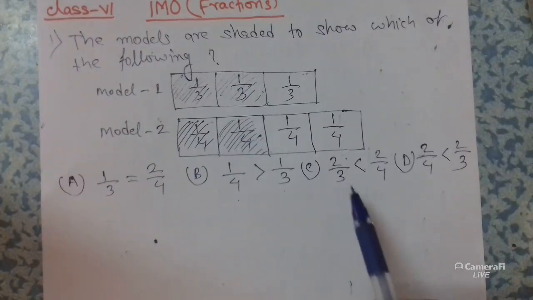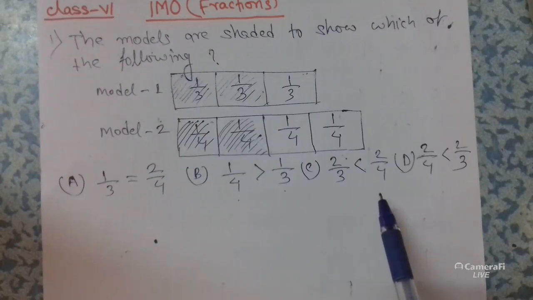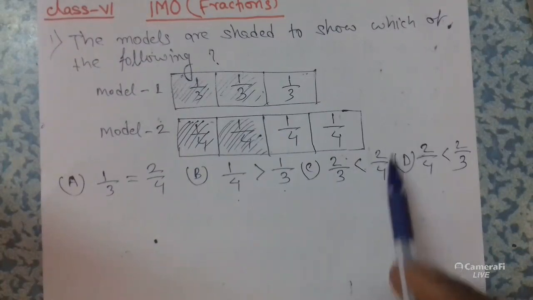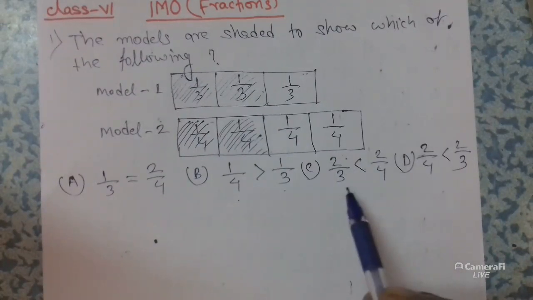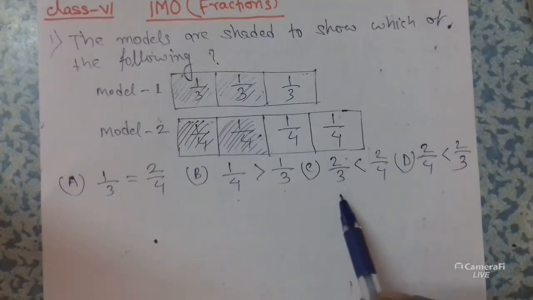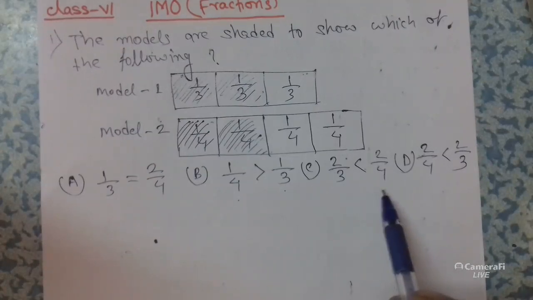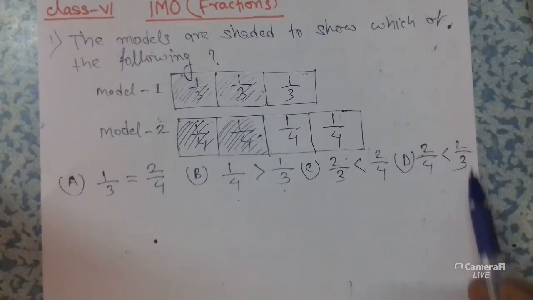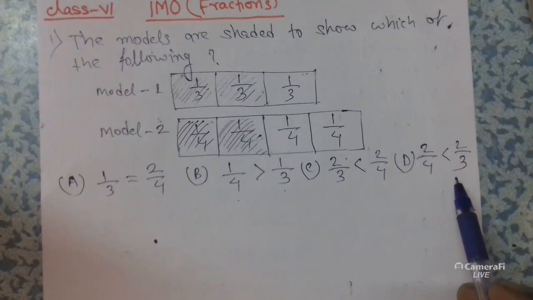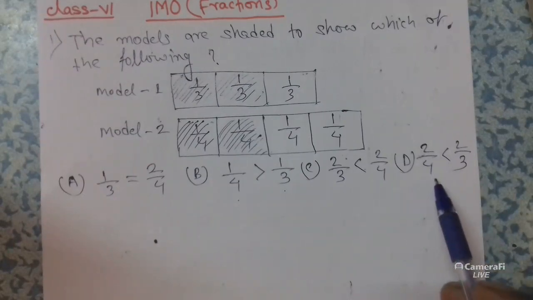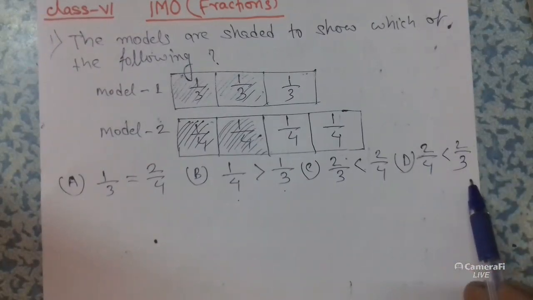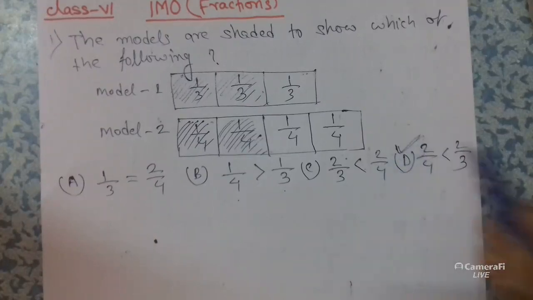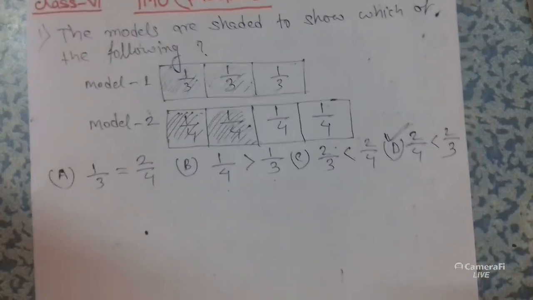Third one is 2 by 3 less than 2 by 4. It is also incorrect, because 2 by 3 is greater than 2 by 4. And last option is 2 by 4 less than 2 by 3. Yes, it is correct, students, because 2 by 4 is always less than 2 by 3. So D is the correct answer.